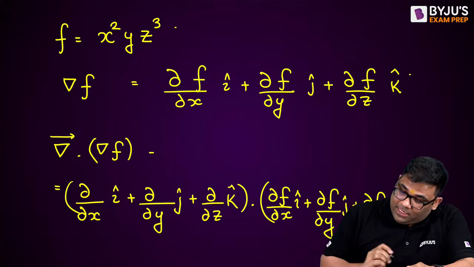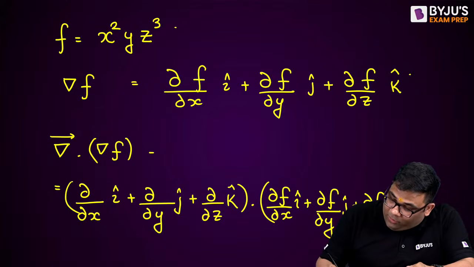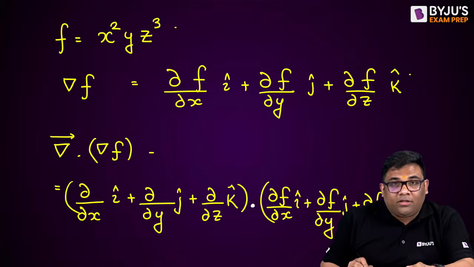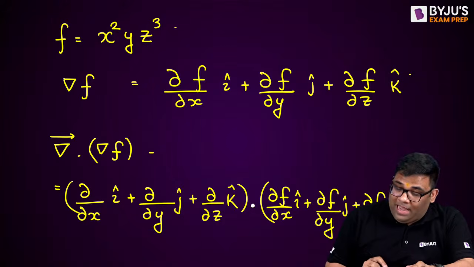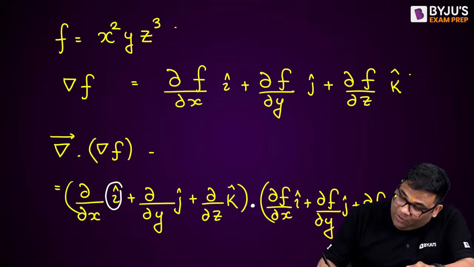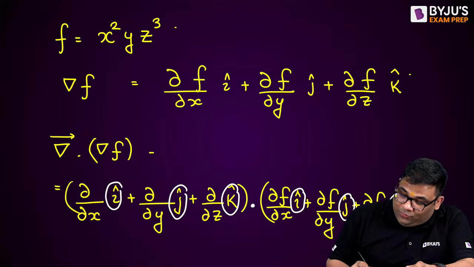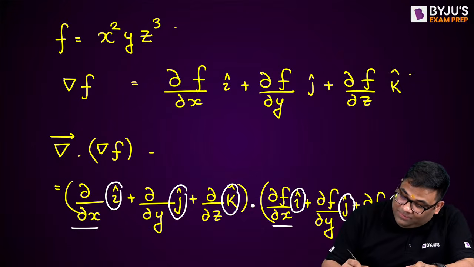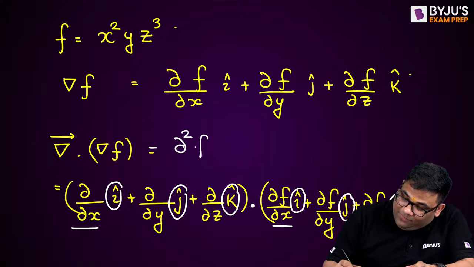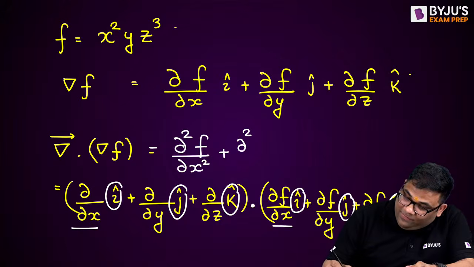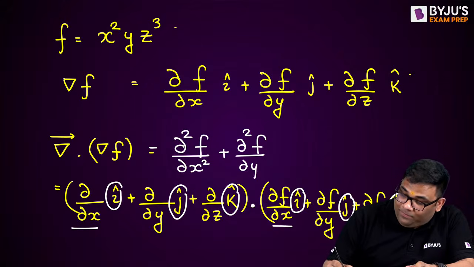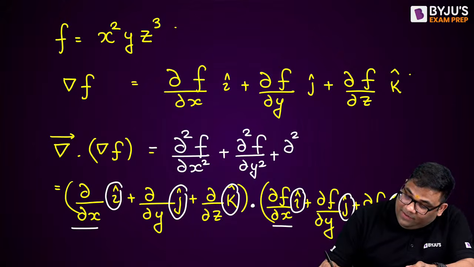Understood? Now see, this is a dot product. Only i operates on i, then j on j, and k on k. So when you operate this on this, it becomes the double derivative of f with respect to x, then the double derivative of f with respect to y, and then the double derivative of f with respect to z.